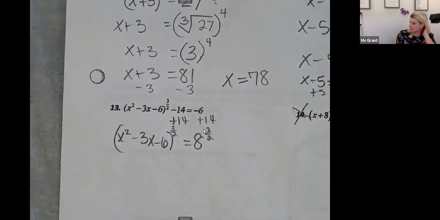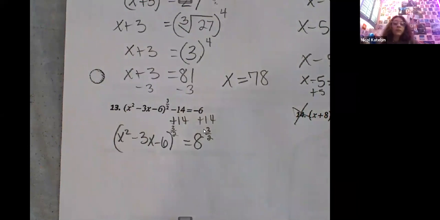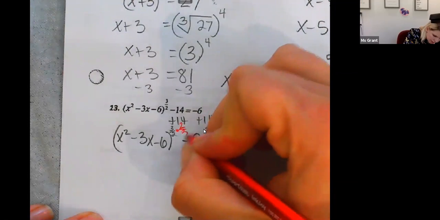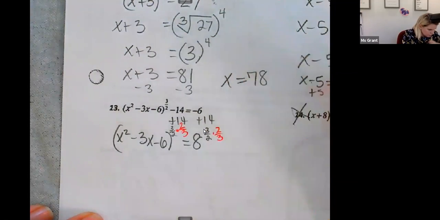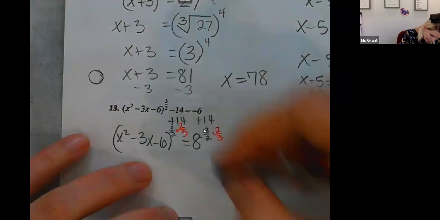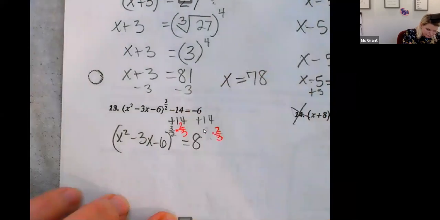Next step, since this is easy now, you guys can completely do this problem for me. So I need lots of volunteers. Caitlin. You multiply by the reciprocal. Yep. So it's 2/3. Oh, wait, this is just plain old 8. Sorry.